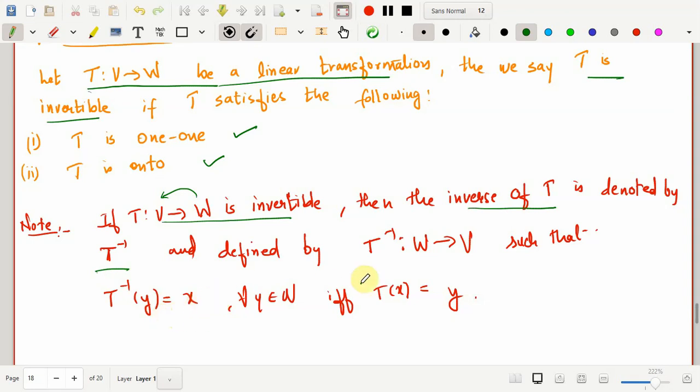So that's the definition of the inverse transformation. Given a transformation, if it's invertible, I can find its inverse, and it is given in this way. Okay, so it's just a reverse process.